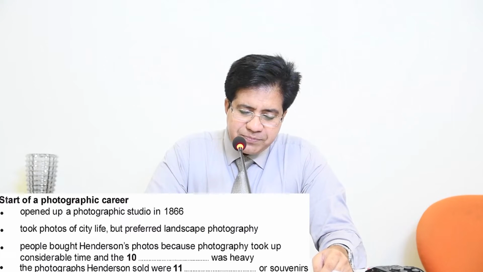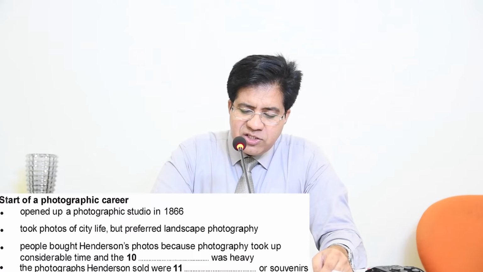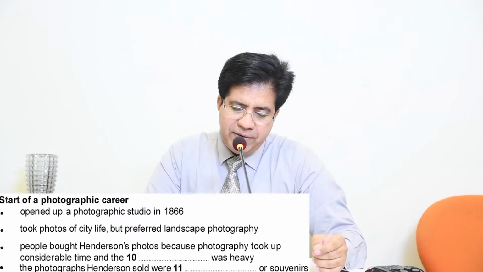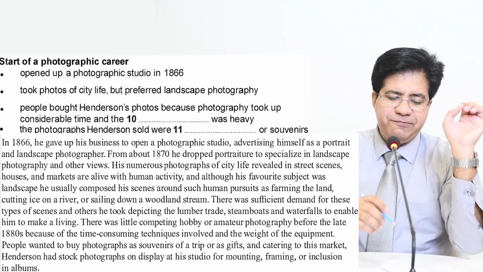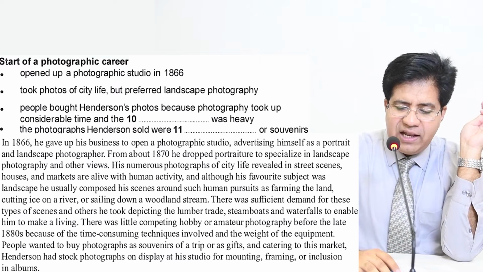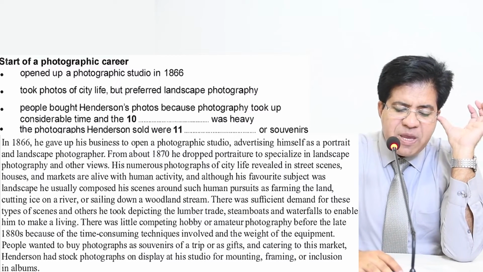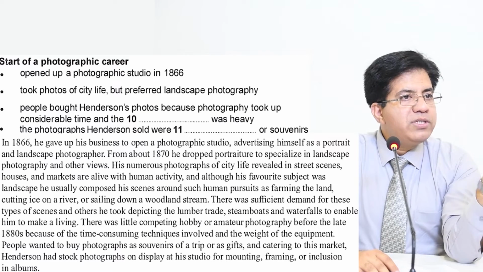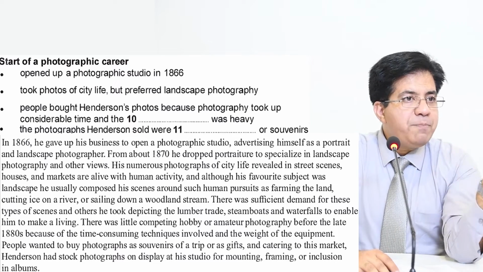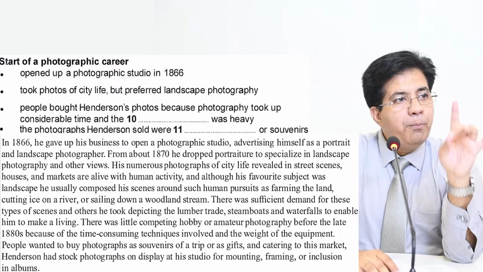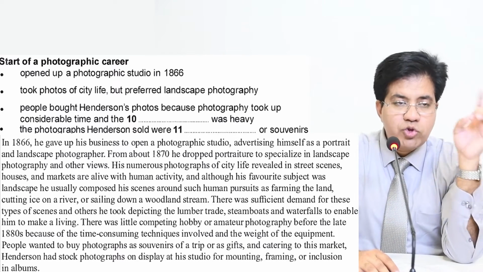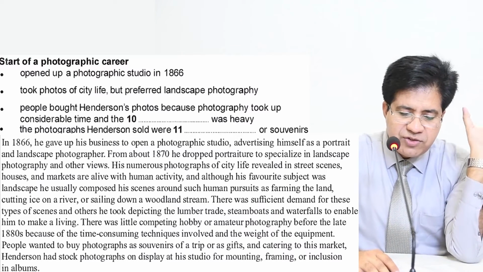Question number 11. The photographs Henderson sold were dash or souvenirs. Look for the word souvenirs. Photographs Henderson sold. Same paragraph and second last line, okay? I'm reading it from people wanted to buy. Now listen. Photos Henderson sold. People wanted to buy. Now, for example, if I buy something, you sell it. It means that, right? So sold and buy, they've used this trick here.